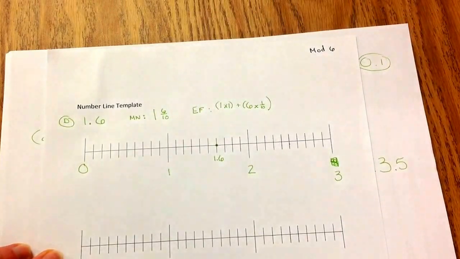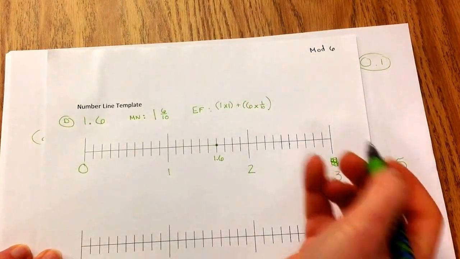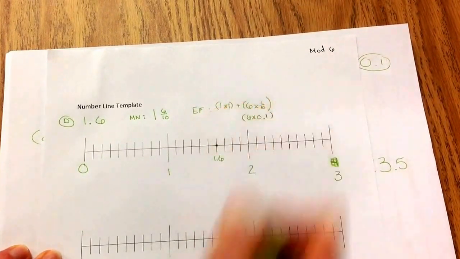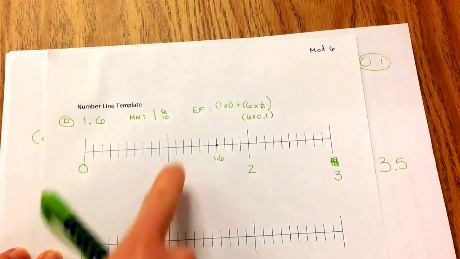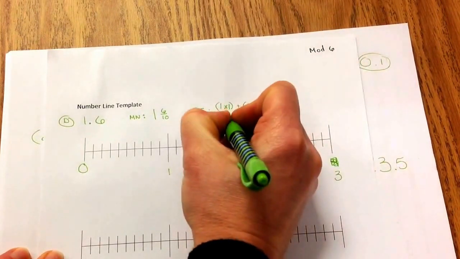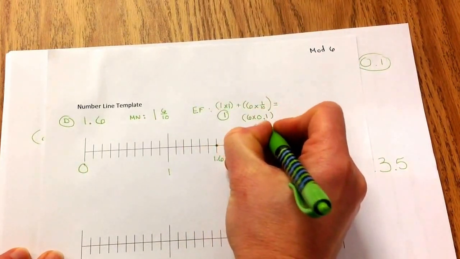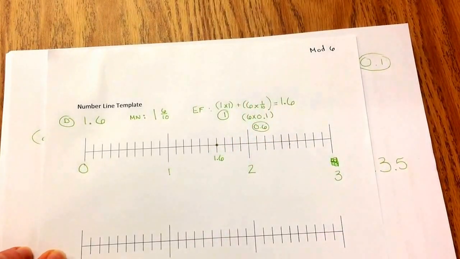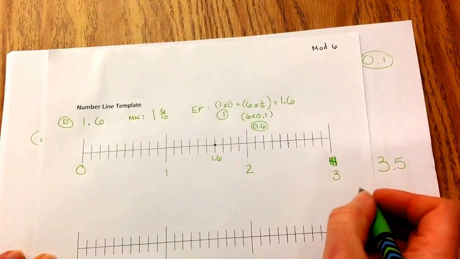That might be how you would write it. Or you could do 6 times 1/10 that way. That's your expanded form. And that equals 1 6/10, 1.6.